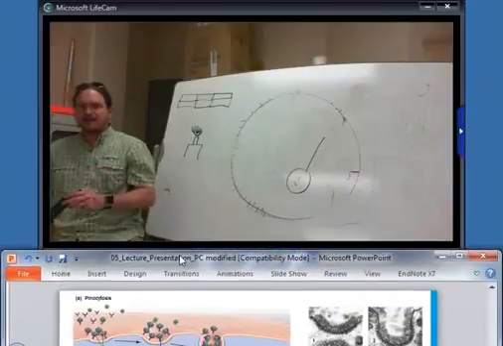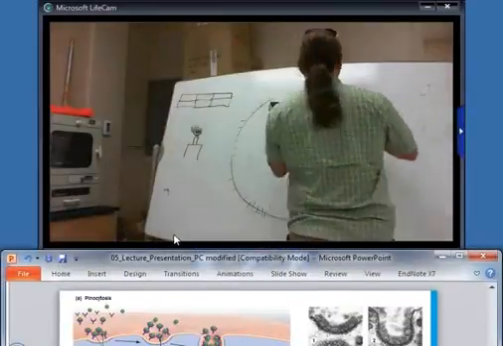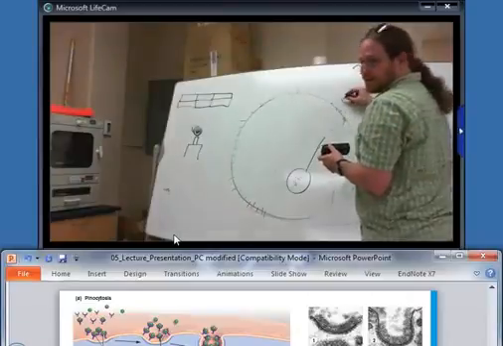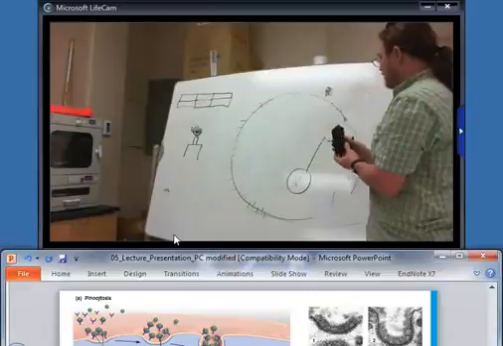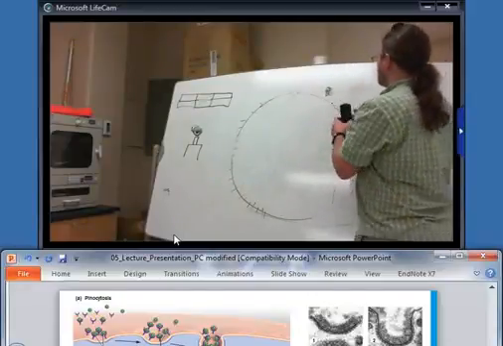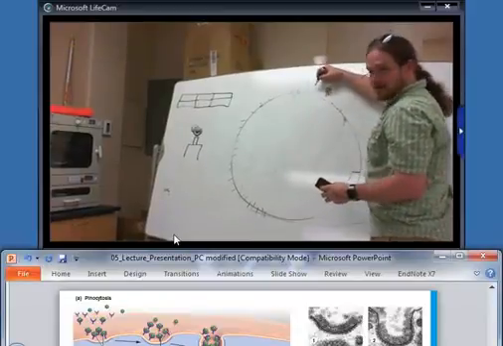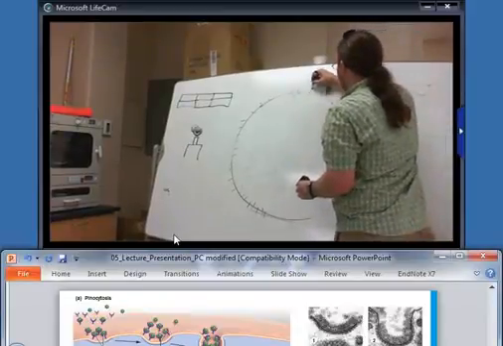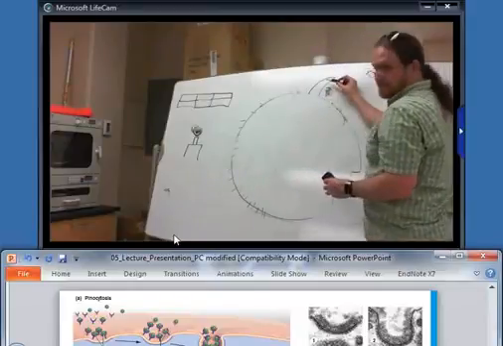I pronounced that wrong. Don't worry about it. In this case, let's say something that looks really good lands right here. And we want to bring that in. And so what we're going to do is use our membrane again. In this case, we're going to create an extension of our membrane like that.